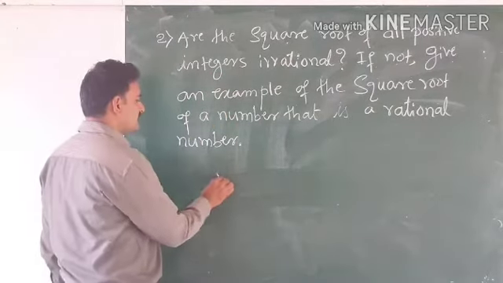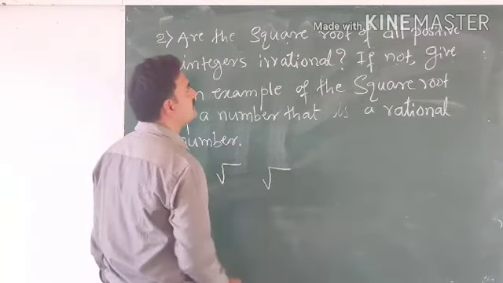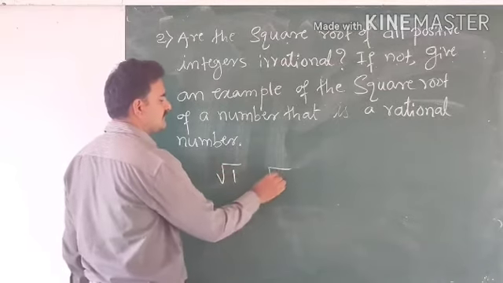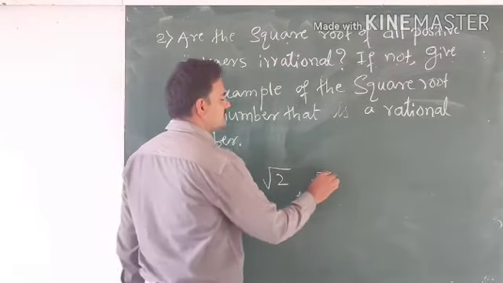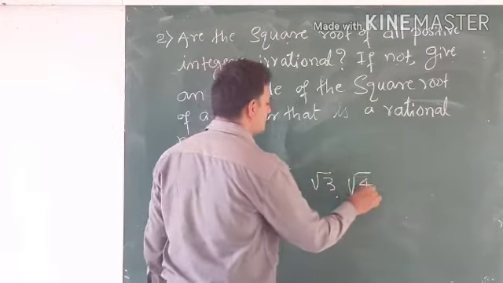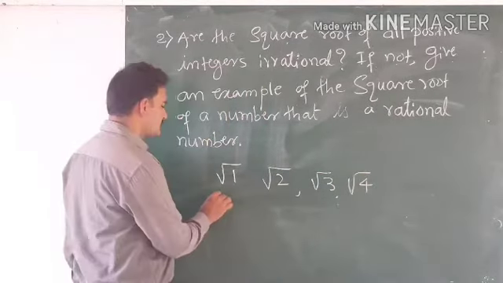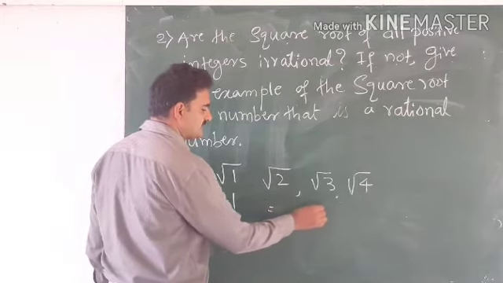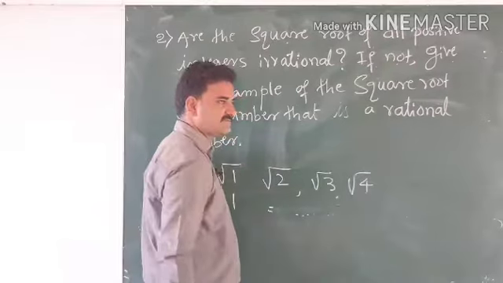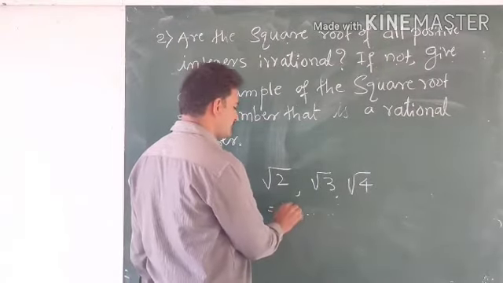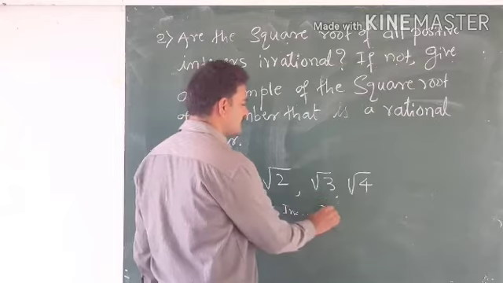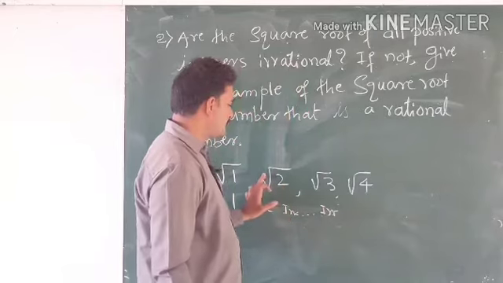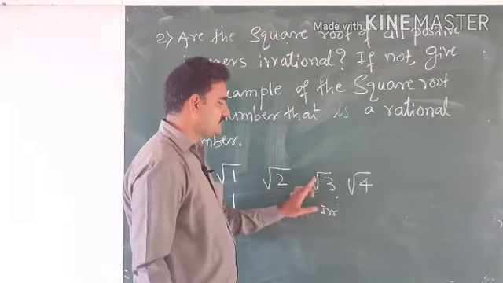Now square roots of all positive integers, let us say 1, 2, 3, 4. Example, just I took 4. Root 1 is 1. Root 2, it will come in a decimal, non-terminating. Root 3 also. It is irrational. Already we discussed. Prime number with root is irrational.